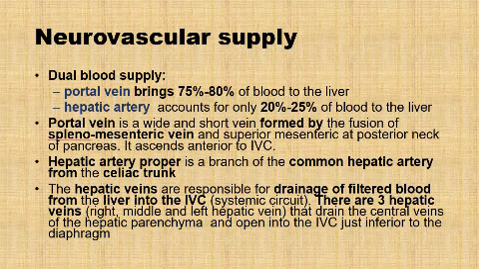So let's look at the neurovascular supply of the liver. We have dual blood supply of the liver by the portal vein and hepatic artery. The portal vein gives the high level of the blood supply to the liver.